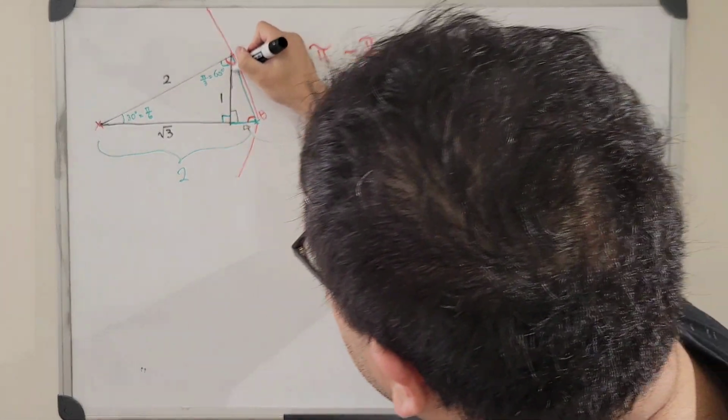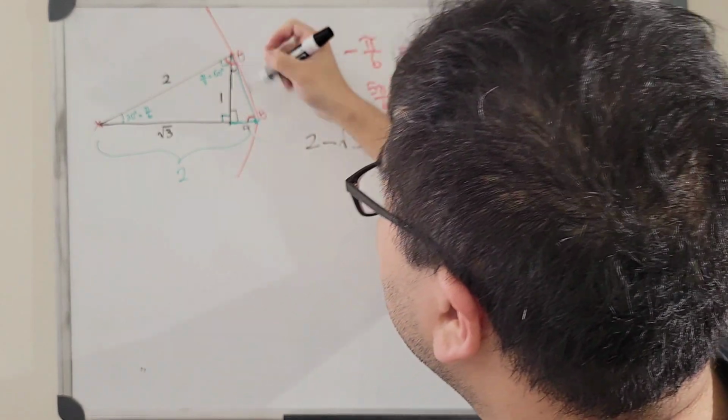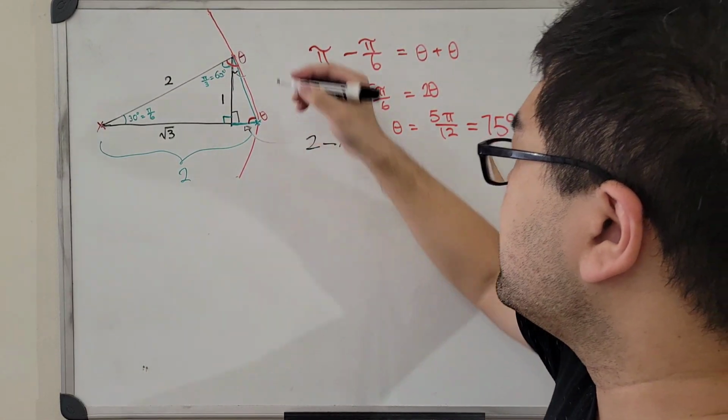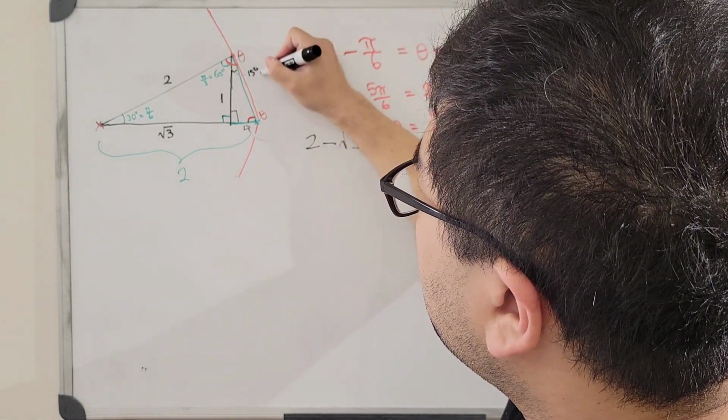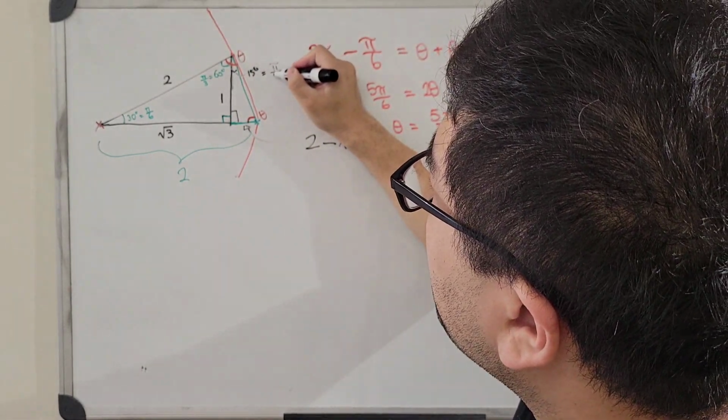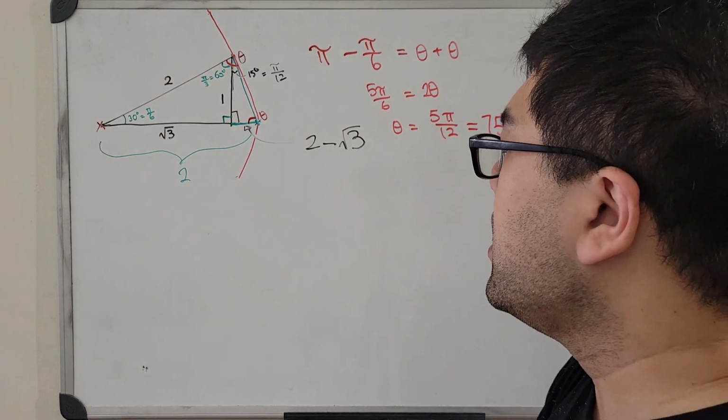And of course, this small part here will be 75 minus 60, which is 15 degrees, or equivalently, pi over 12 radians.